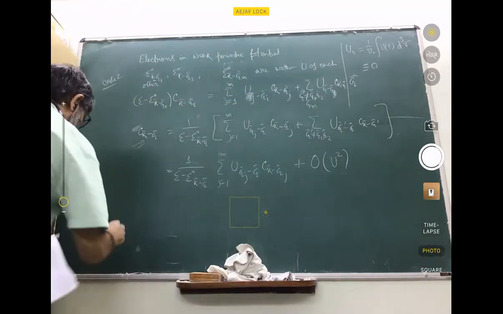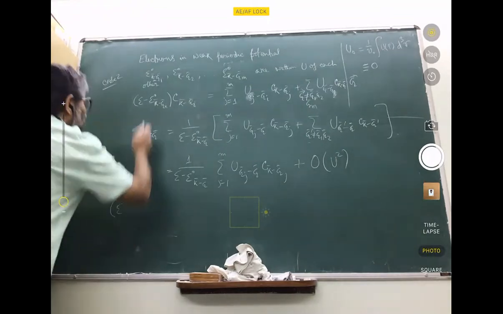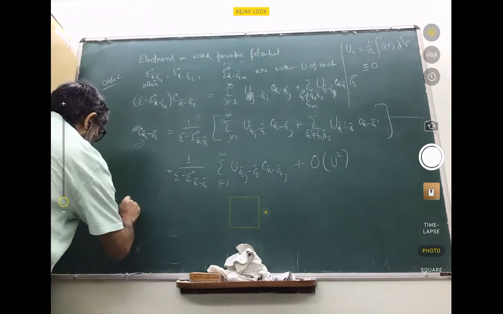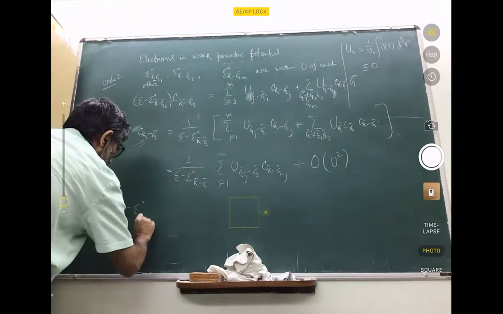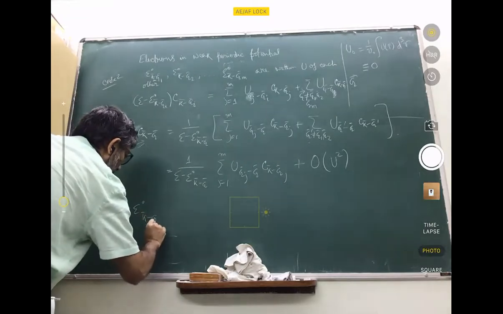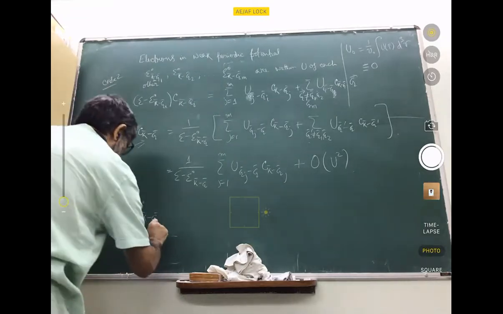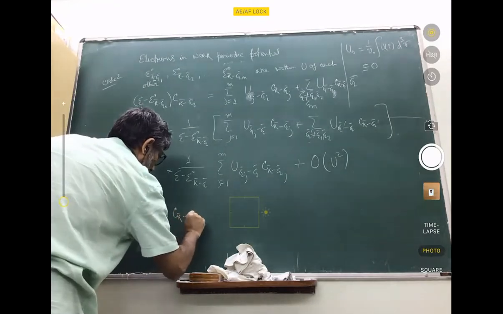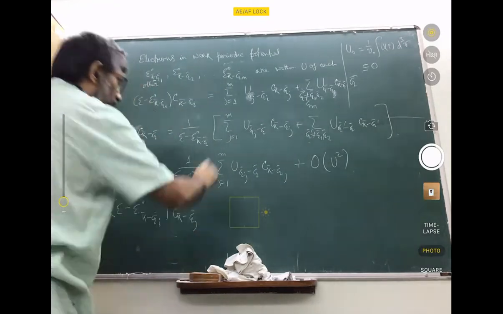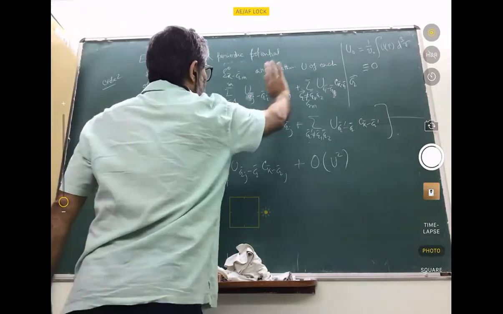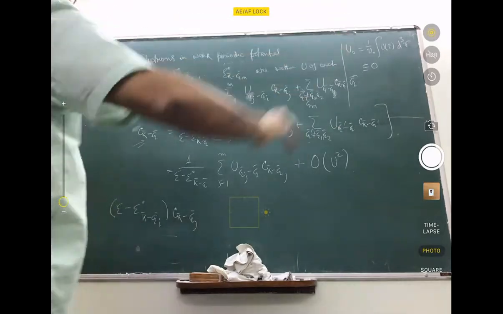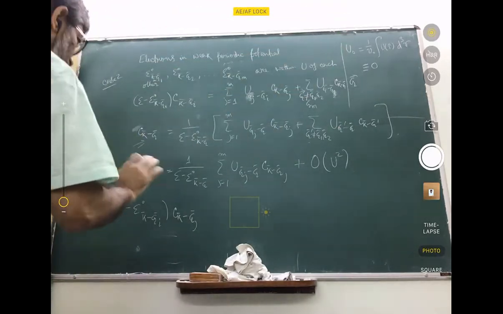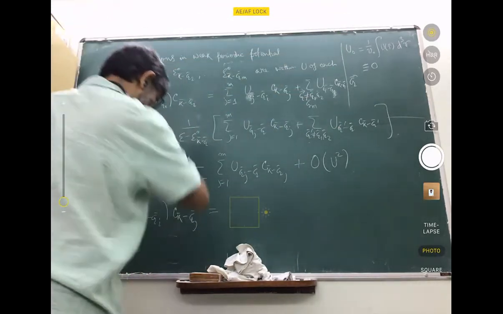So then I'll get the leading order term in this sort of equation is, so basically we'll get some leading term plus some u squared term plus some u cube term. So I'm keeping only the leading order term.